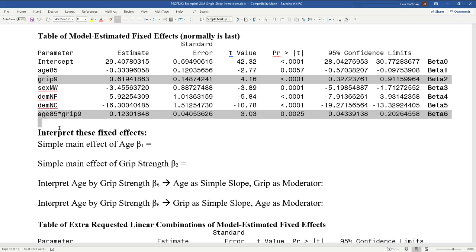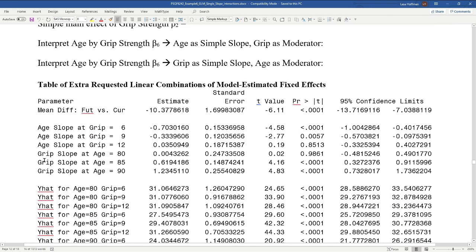So the effect of grip is stronger, is more positive in older people. The effect of grip of 0.62 is specific to an 85-year-old. It becomes more positive by 0.12, the interaction, per year of age.